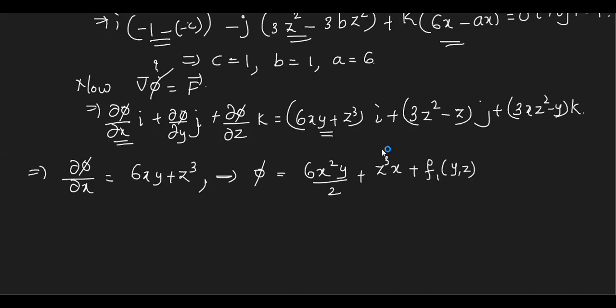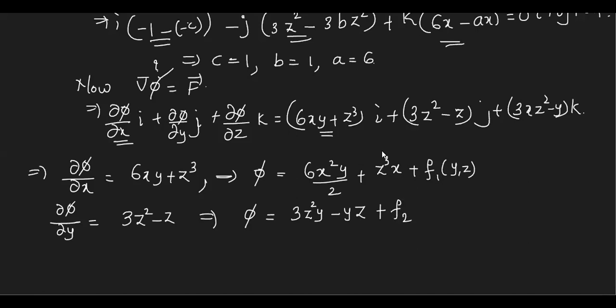Similarly, equate the coefficient of j: 3z square minus z. So phi is 3yz square minus yz plus f2 of x comma z. Very good. What is the third one?